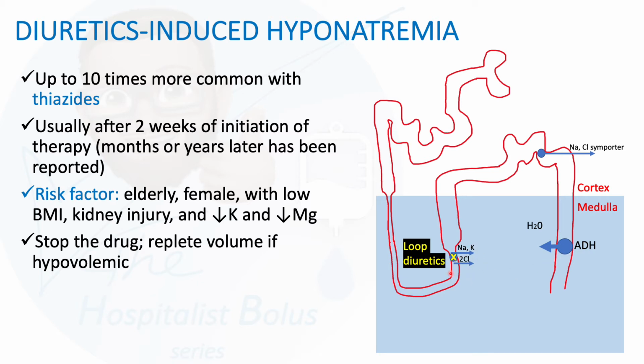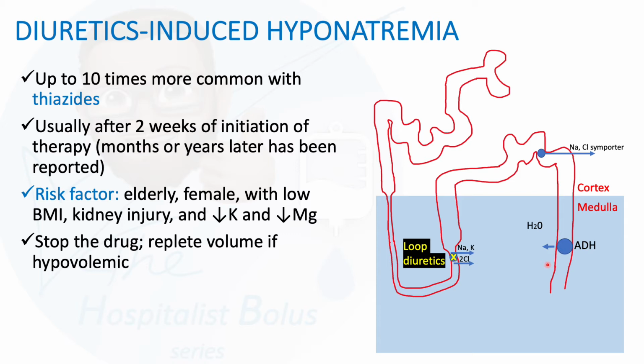But when you give a loop diuretic, as you can see here, the medullary osmolality is less, so there will be less water movement. Less water will move across the osmolality gradient because of the decrease of the gradient, because of the loss of salt, mainly sodium, potassium, and chloride in the tubules, rather than being reabsorbed into the medulla.